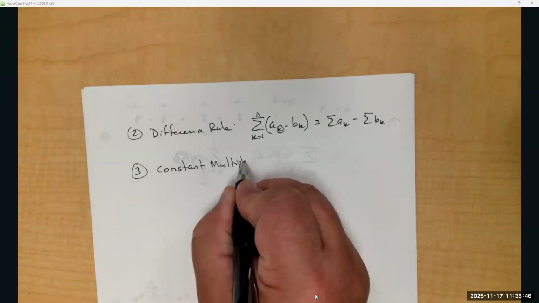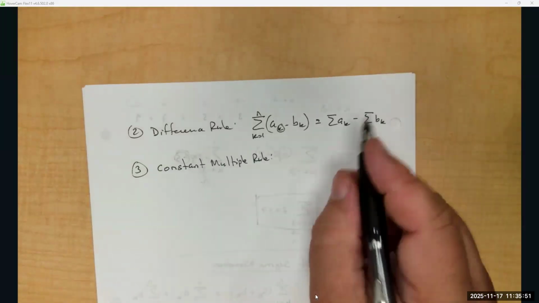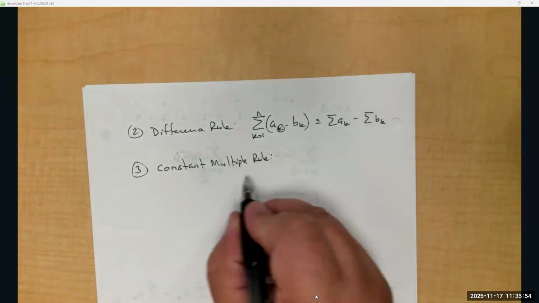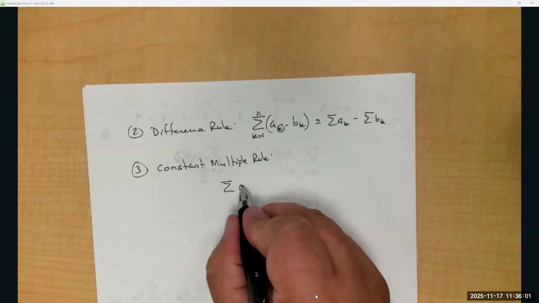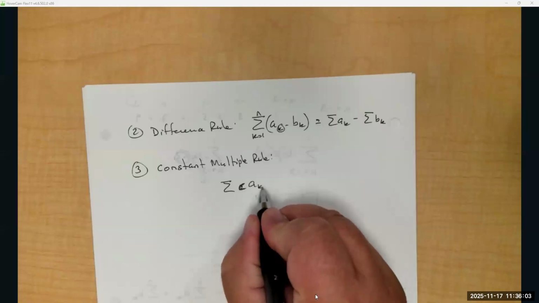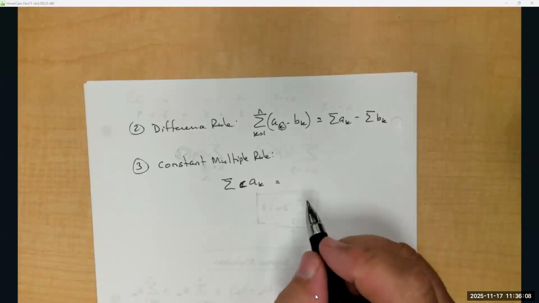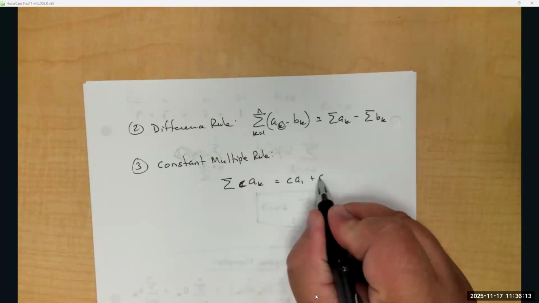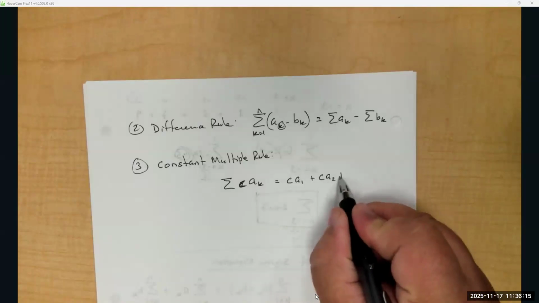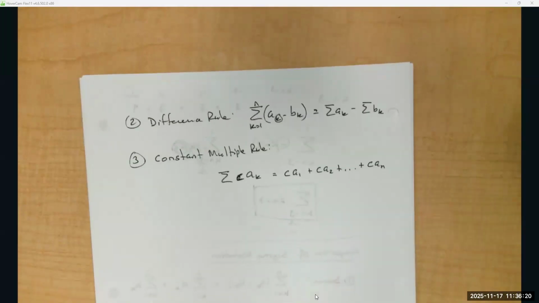The constant multiple rule. The constant multiple rule says if I have some constant number multiplied to my index term, I get that if I expand it.